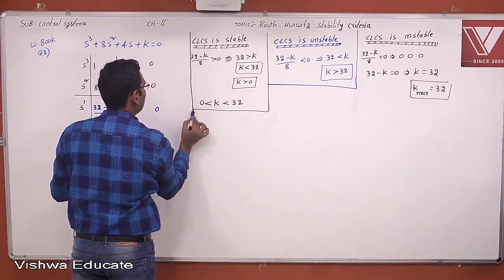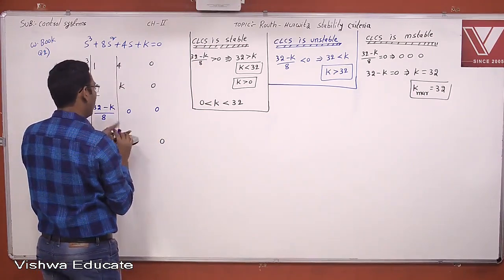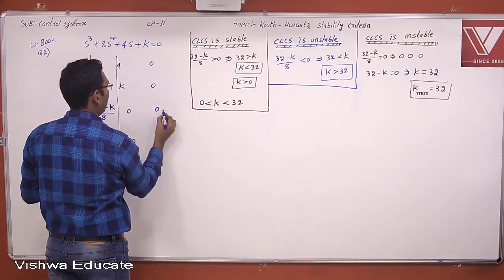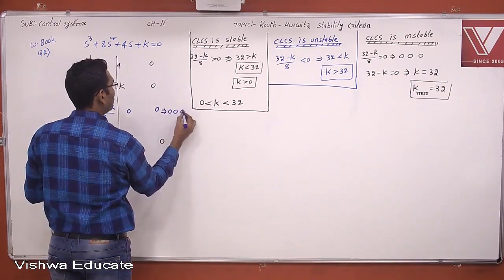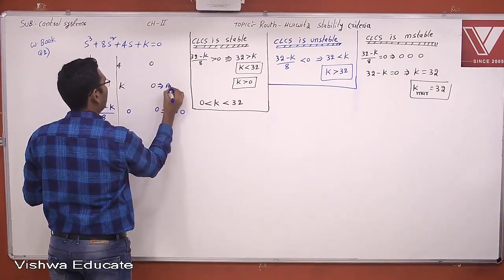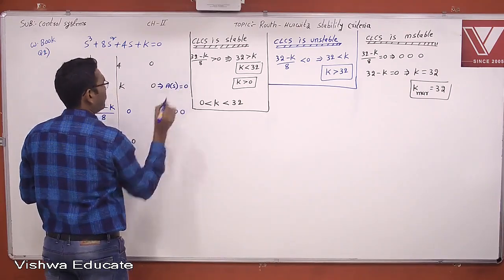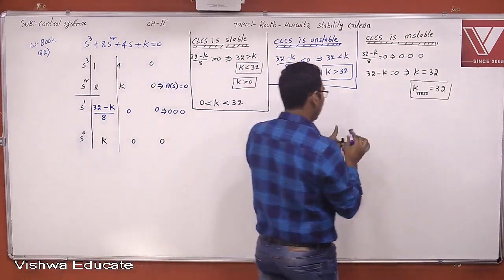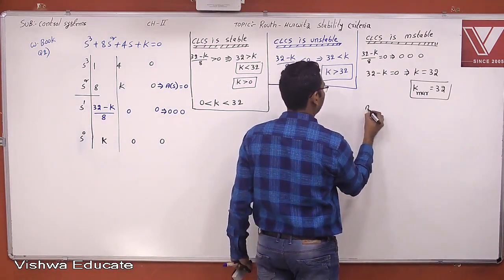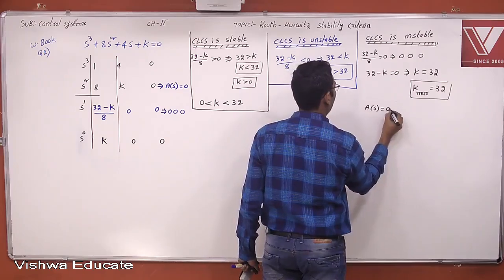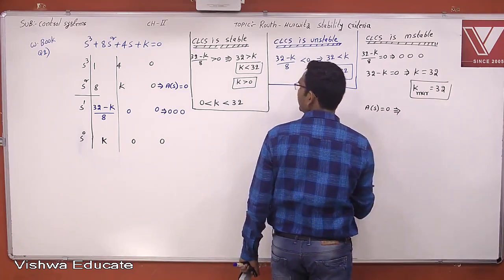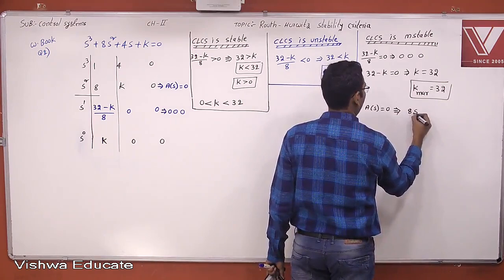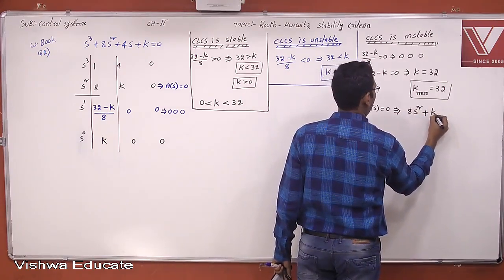Okay, where is the auxiliary equation? Here the row becomes 0, and the row above the row of zeros is the auxiliary equation: 8s square plus k equal to 0.